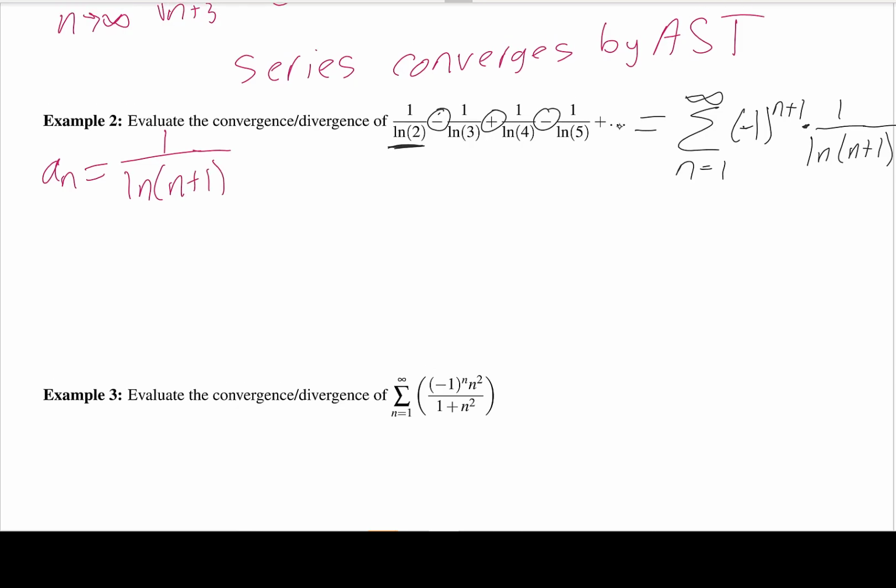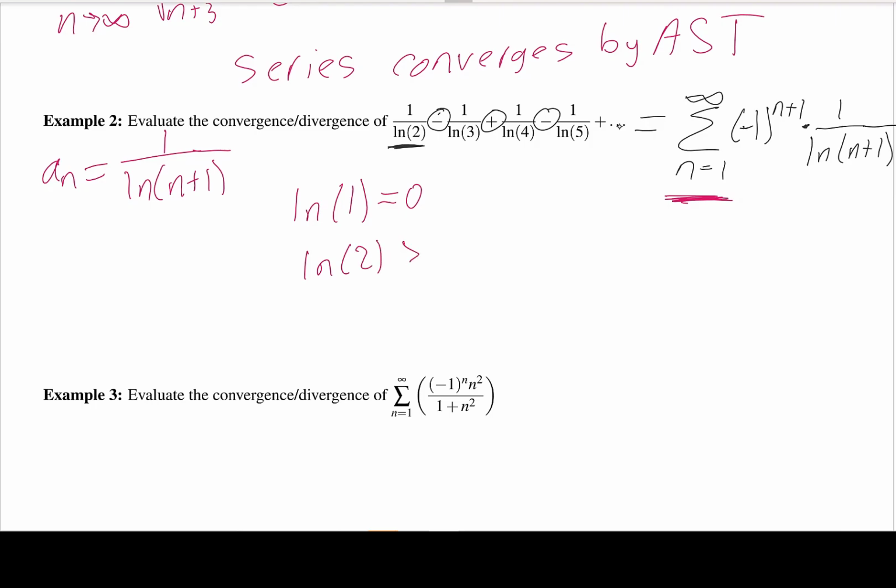Now I want to figure out, is a sub n strictly positive? Well, we know we're always going to have a positive 1 on top, so now I'm just worried about whether the bottom part of this fraction is positive. We know that the natural log of 1 is equal to 0, and we're starting at n equals 1, so the smallest value we'll have on the bottom is the natural log of 2.